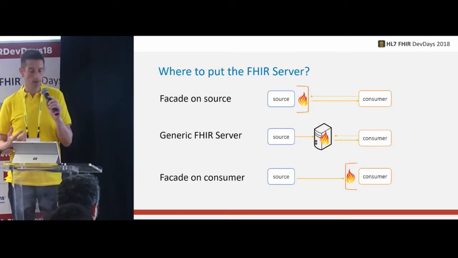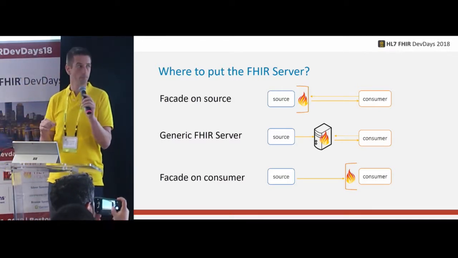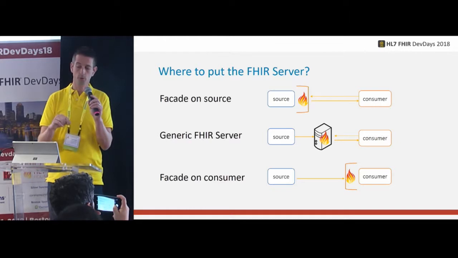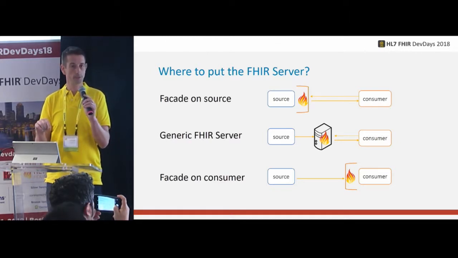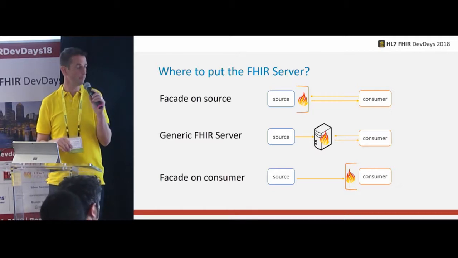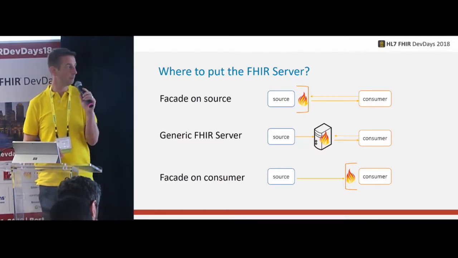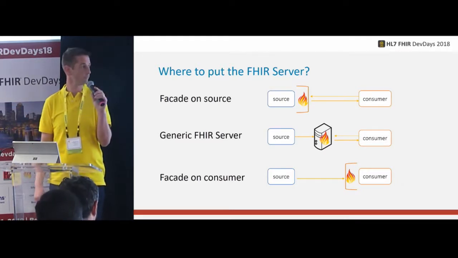The second way would be to put a generic FHIR server in the middle of it. So the source pushes its data to that generic FHIR server, and then from then on it can forget all about it, and then the consumer can use all its FHIR power to query that generic server.